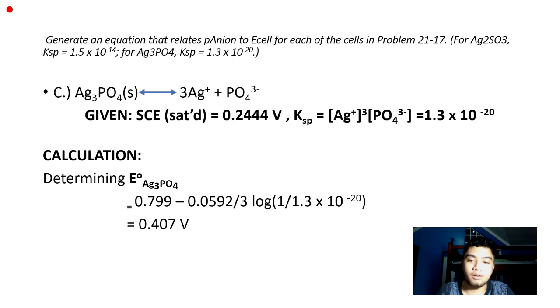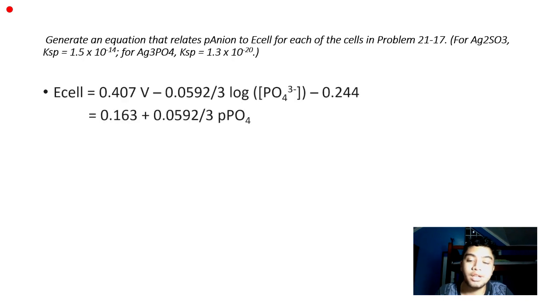Now that we have gotten the E indicator for the Ag3PO4, we substitute that once again to the equation. So 0.407 minus 0.0592 all over 3 logarithm of the PO4 3 negative minus 0.244.